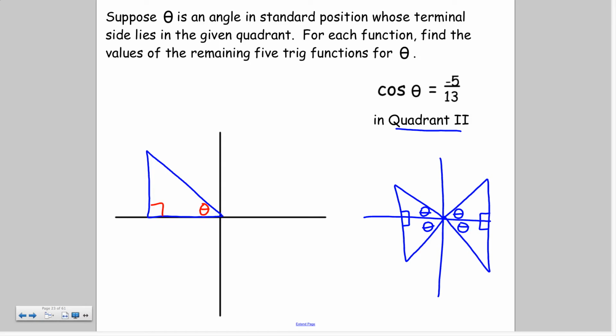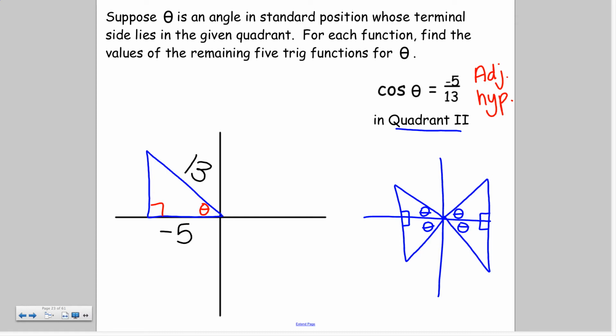Now you're given cosine, and remember that cosine is adjacent over the hypotenuse. So my adjacent side would be here, and that's -5, which makes sense because you've gone to the left on that x-axis, which should be negative. Then your hypotenuse is 13, and remember your hypotenuse is always positive.